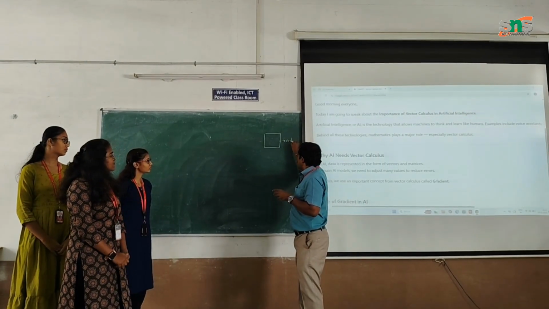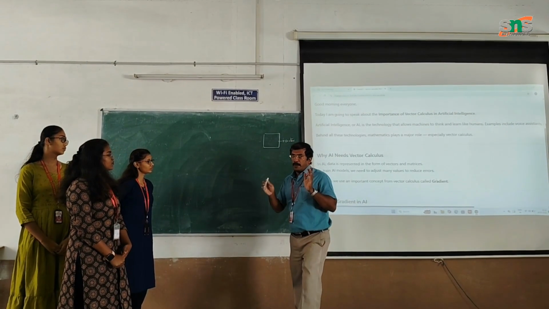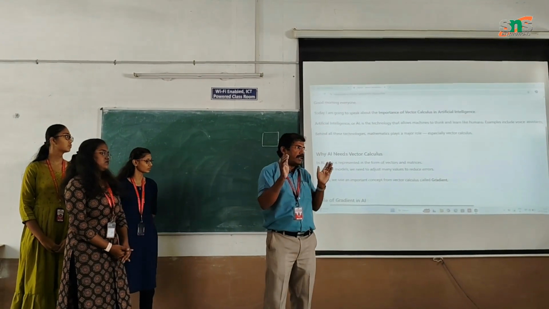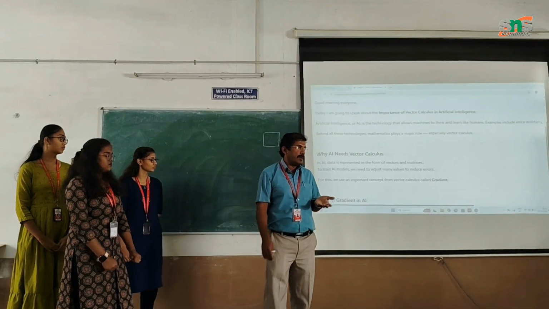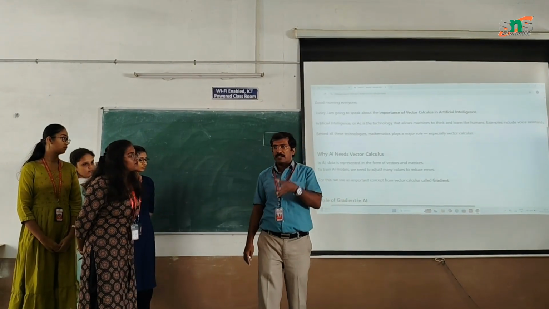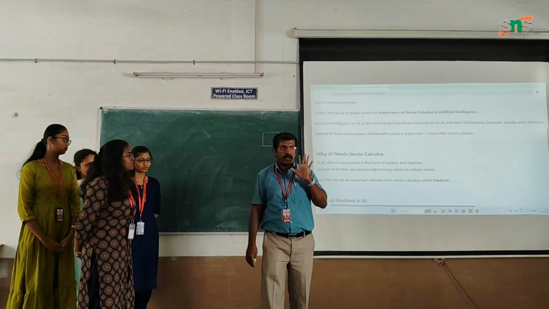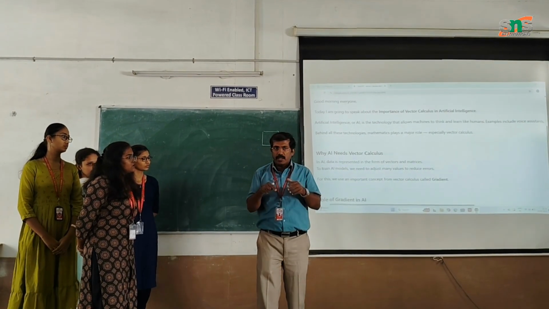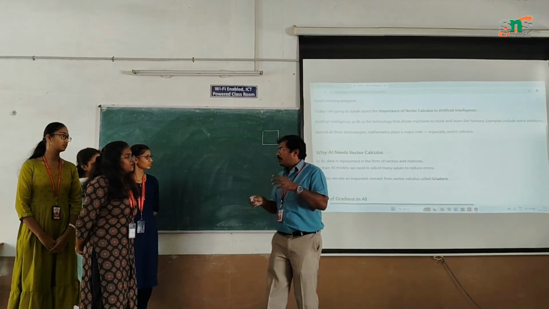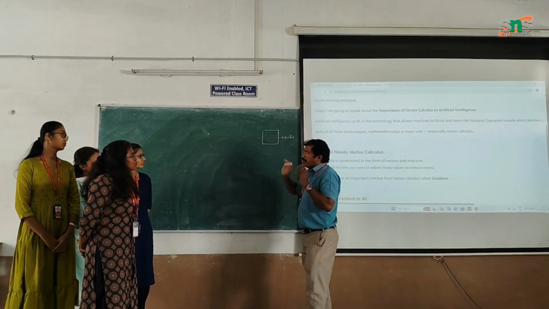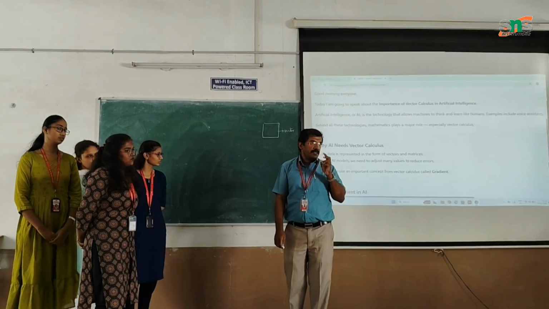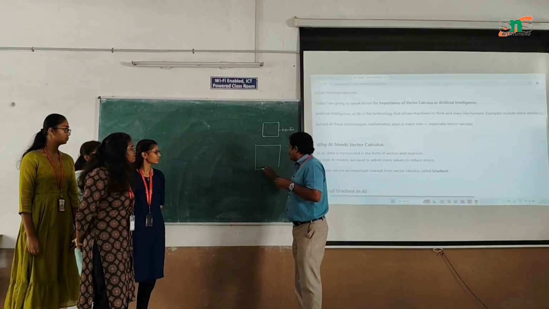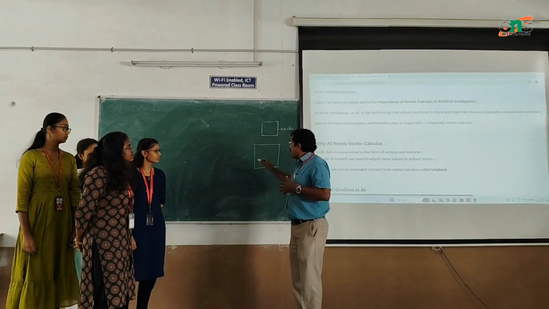Suppose a data set has n number of images in it. If we are talking about image processing using artificial intelligence, maybe using neural networks or deep learning, you have thousands of pictures in the data set, and each picture will be termed as a vector.